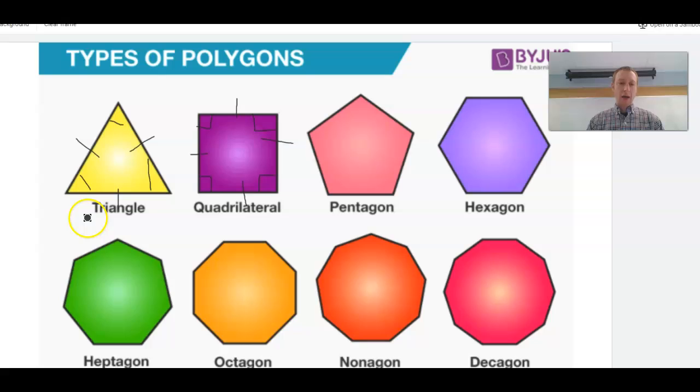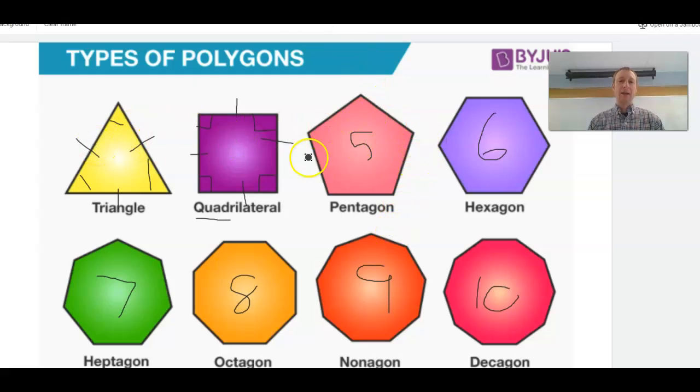Tri, quad. A pentagon has 5 sides and 5 angles. A hexagon has 6 sides and 6 angles. A heptagon has 7 sides and 7 angles. An octagon has 8 sides and 8 angles. A nonagon has 9 sides and 9 angles. And a decagon has 10 sides and 10 angles.